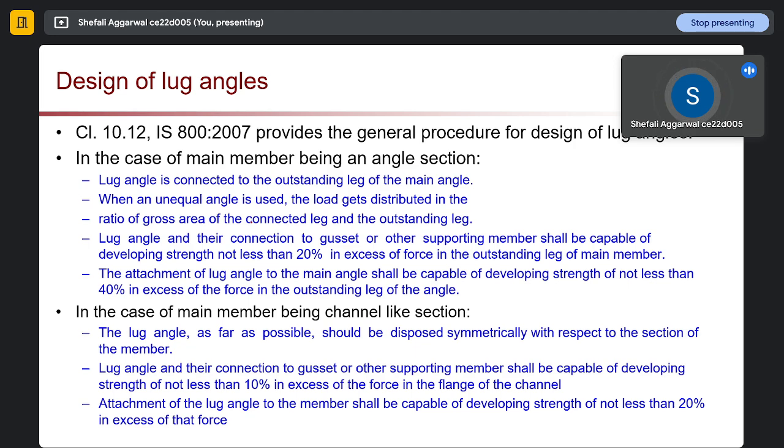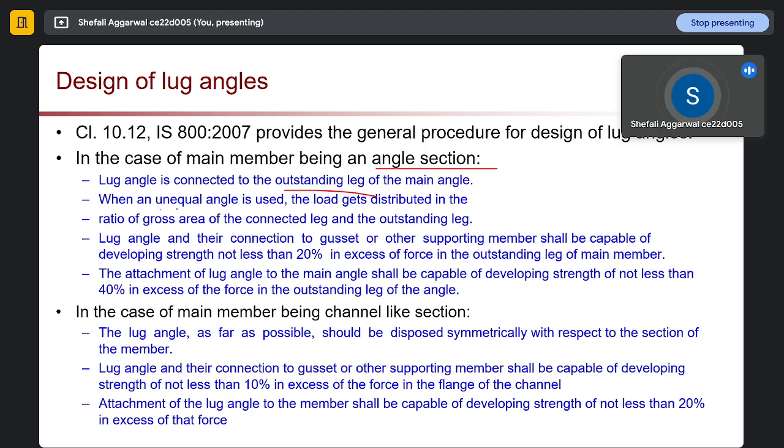And next thing is the attachment of lug angle to the main angle shall be capable of developing strength of not less than 40% in excess of the force in the outstanding leg of the angle. Okay. Next thing is if our main member is channel section. The first case is if we are using angle section, then first we are connecting it to the outstanding leg.